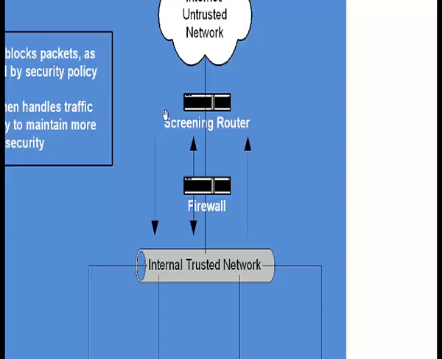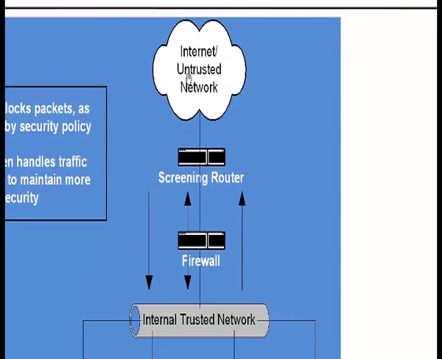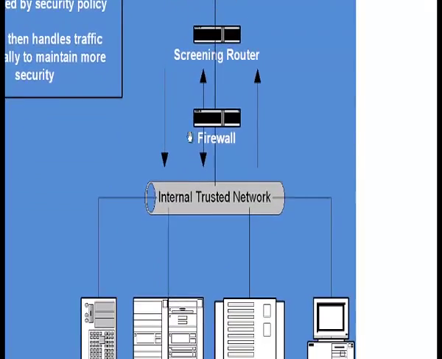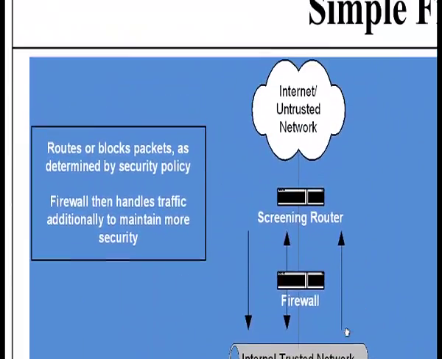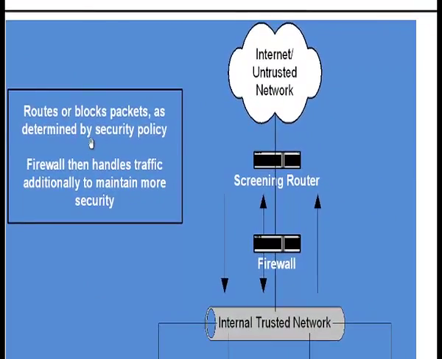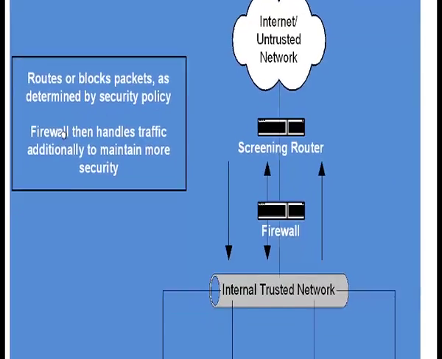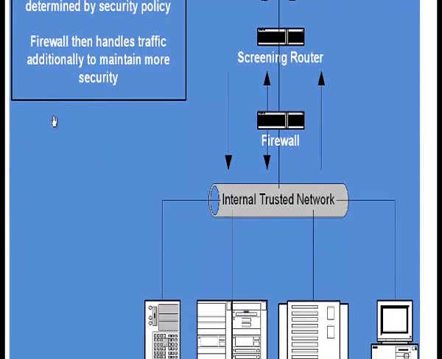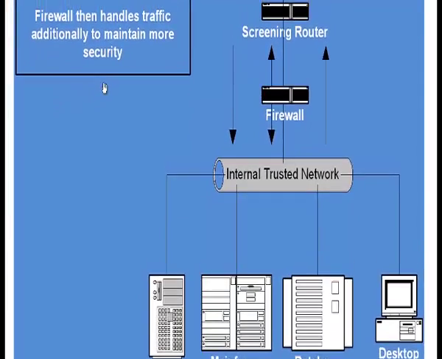So, we know that it is like your gateway router which is protecting against that untrusted or internet network, and we have a firewall which is between your screening router and the internal trusted network. We assume that the internal network is the trusted network, and here the router blocks, but the firewall then handles the traffic additionally to maintain more security than that of your screening router.